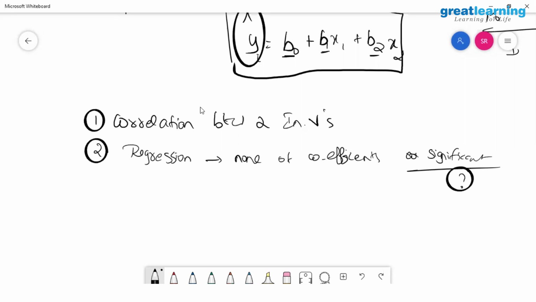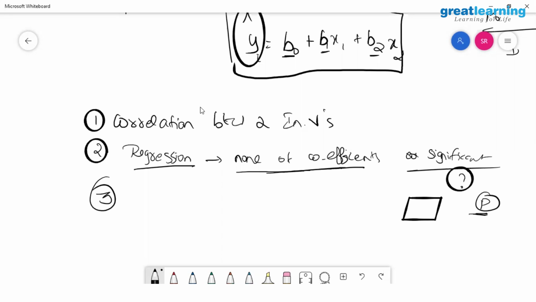When I'm trying to run a linear regression, if none of the coefficients are significant, I hope you know what is significant, right? Based on the p-value in the overall table, based on the coefficient values, you arrive at the p-value. So if none of the coefficients become significant, then there is a presence of multicollinearity in the data. You have to recheck that.